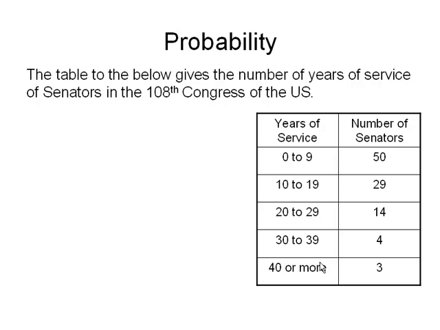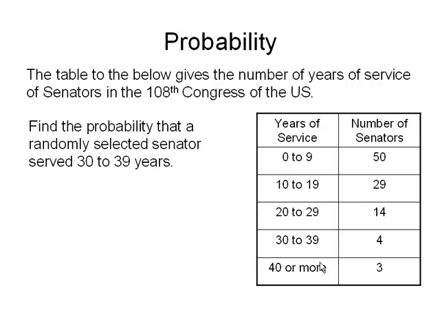The table below gives the number of years of service of senators in the 108th Congress of the U.S. So we've got years of service in one column, numbers of senators in the other, and there are 50 senators with 0 to 9 years of service, 29 with 10 to 19, 14 with 20 to 29, 4 with 30 to 39, and then we've got 3 old geezers with 40 or more years of service. So what we want to know is, find the probability that a randomly selected senator served 30 to 39 years.